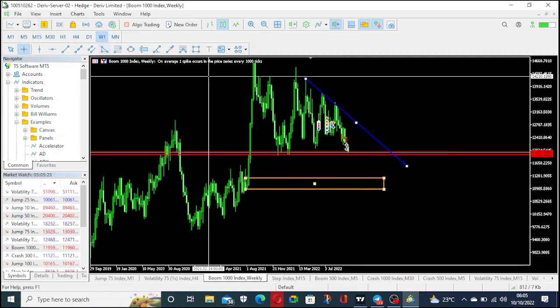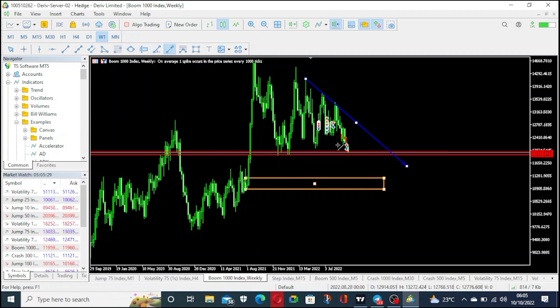We're expecting to have a push to this zone here, but that's on a very long time frame. At this moment, our consideration is going to be more at this level.